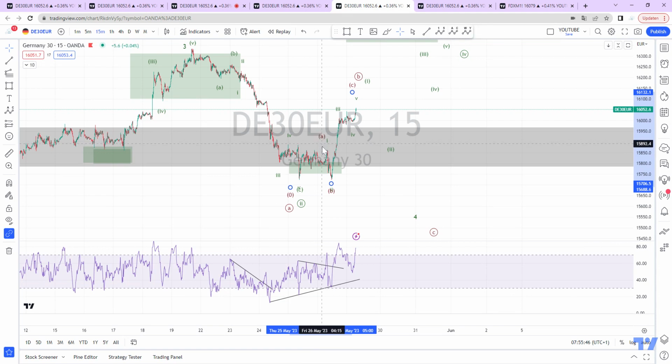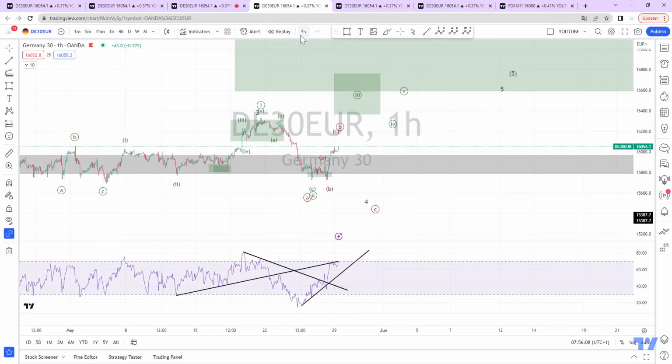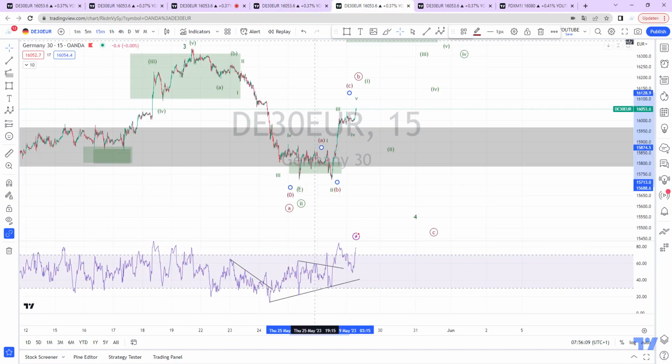And then this would be our A, this would be our B. And then we are again doing an extended wave C. But the problem with this wave B or an ABC is that it does not have to end with divergence. An ABC does not have to end with divergence. Only an impulse ends with divergence.